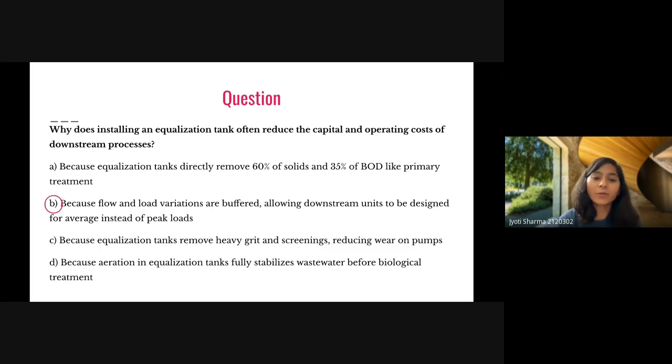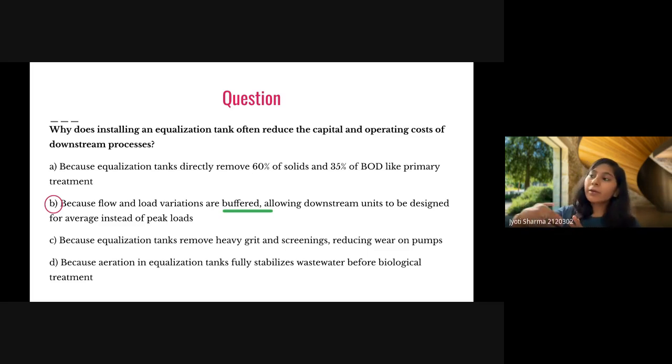Yes, this one is the right one, because here the load and flow variations will be buffered. From different places you will have different flow or different load, but everything will be mixed and uniform.